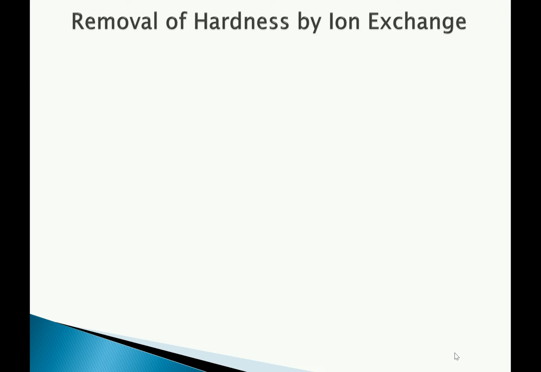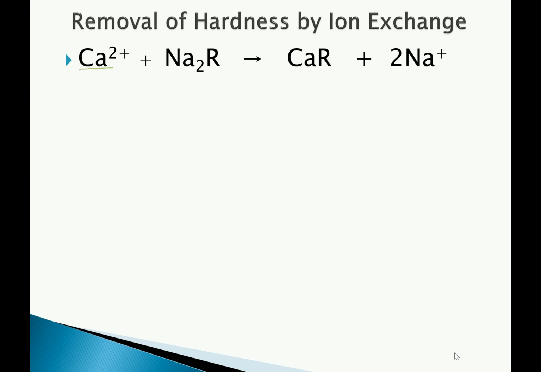So let's look at how we can remove water hardness. Now, one way we can remove it, the first way we're going to look at, is through something called ion exchange. So the ions present are those calciums and magnesiums, remember? So what we'll do is exchange them for other ions that don't produce hardness. So we have our calciums dissolved in our water, and we have this resin, basically this plastic resin inside a tube.